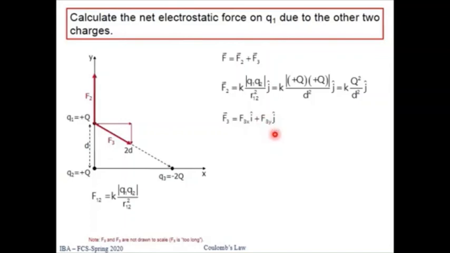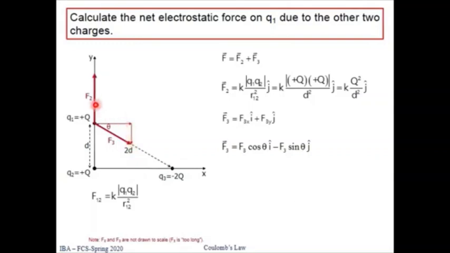Let me substitute the component form. F3 is equal to F3 cos theta i, where i is the horizontal unit vector, minus F3 sine theta j, where j is the vertical unit vector. Keep in mind that the negative sign is incorporated here because the vertical component is in the downward direction.